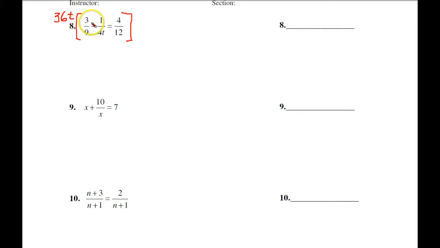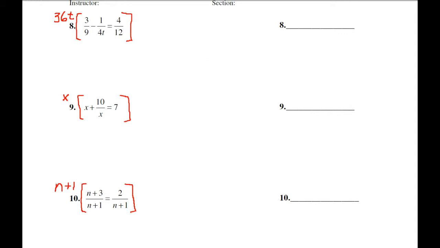So we're going to multiply each term by 36t. That would get rid of all of our fractions. Here we're going to multiply each term by x. And if you guessed that, that was good. Now here we're going to multiply each term, because it's a common denominator in a sense, n plus 1.